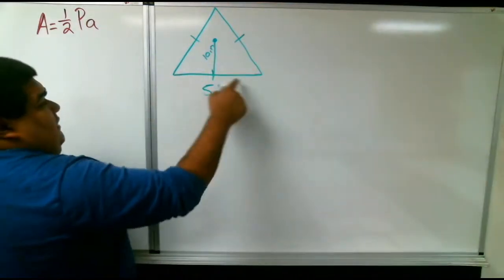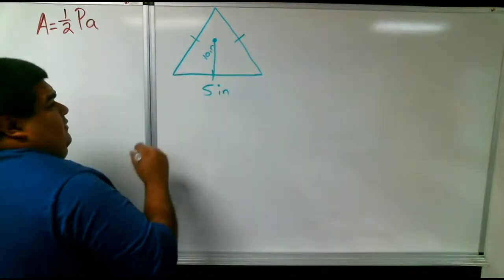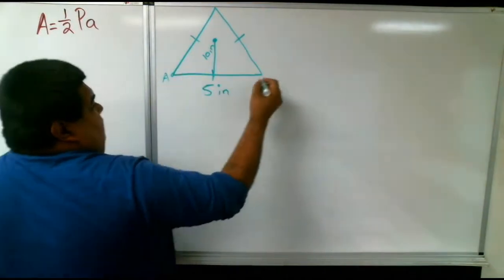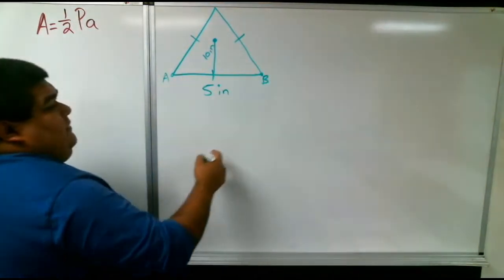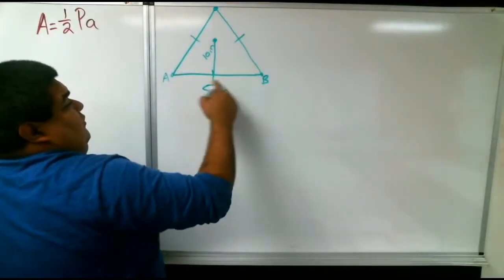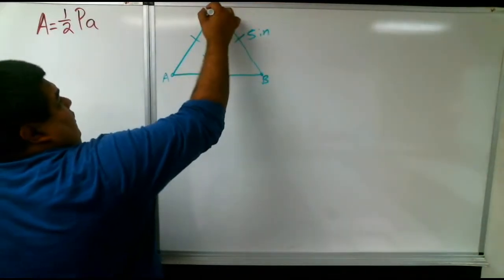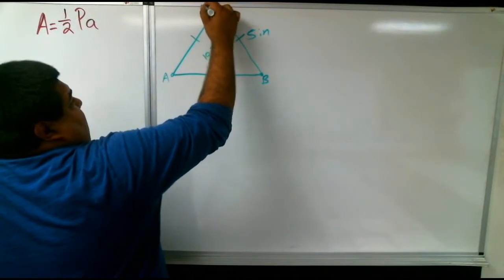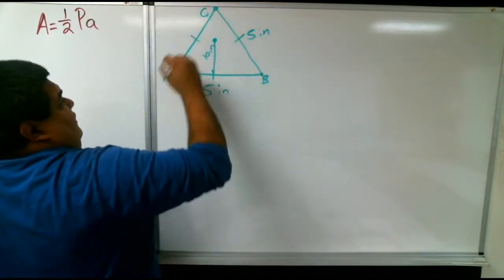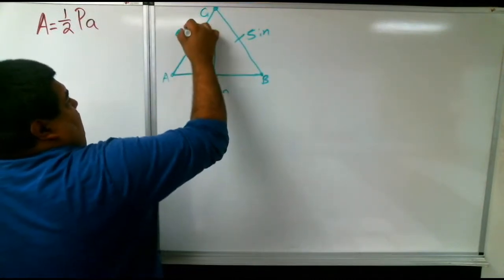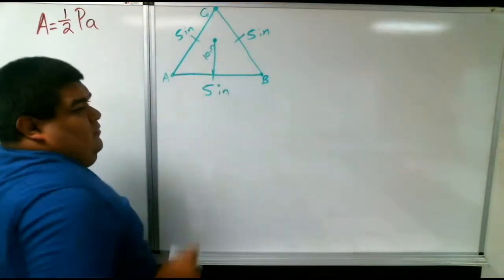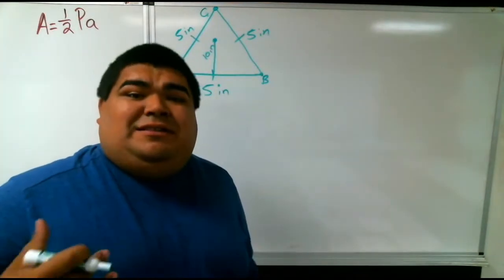So if the outside is 5 for this line, for line AB, then that means that BC, since they're the same, is also 5. Therefore, AC is also 5 because all the sides are the same.